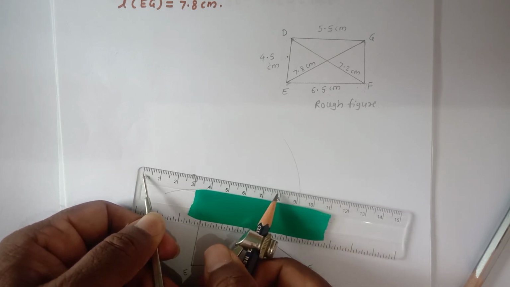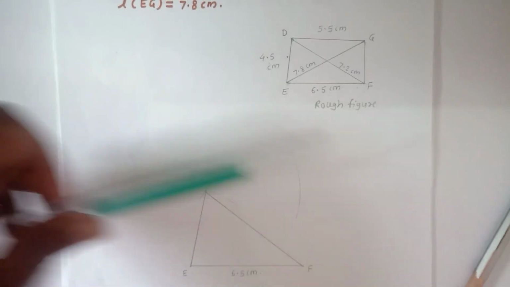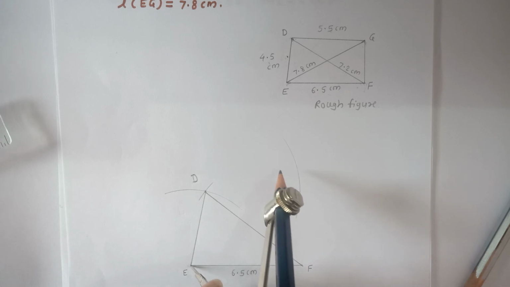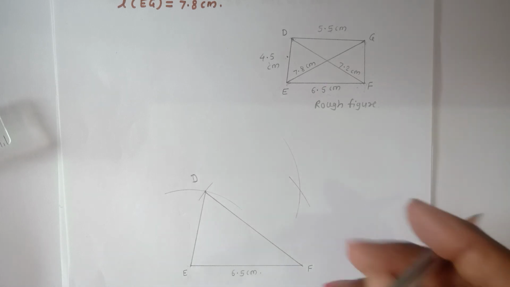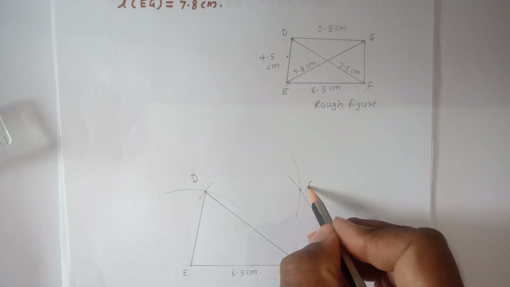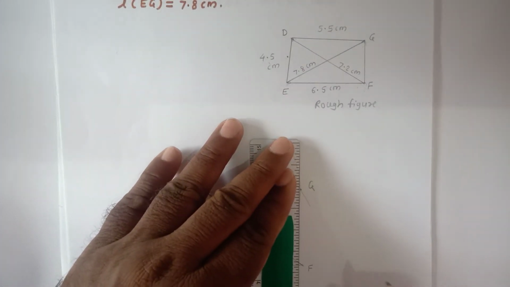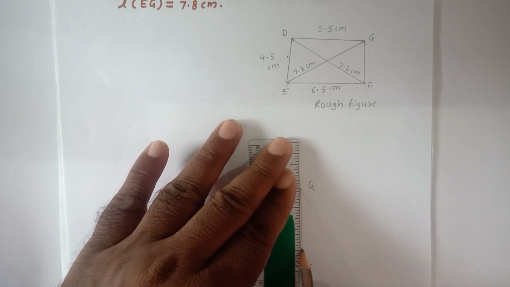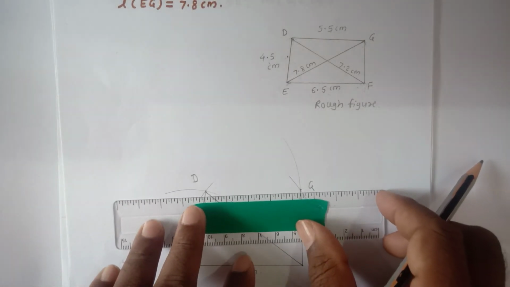Put compass on point E and draw the another arc in this way. Now this point of intersection is point G. Join GE, also join GD.